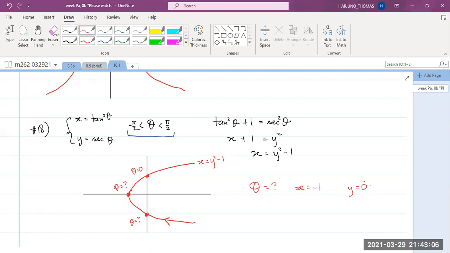Because x is already tangent squared. You see, so it won't be the whole parabola. Only part of that. We know for sure this will be part of that, right?